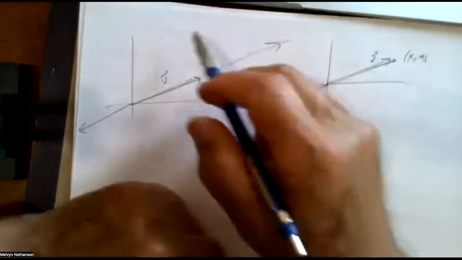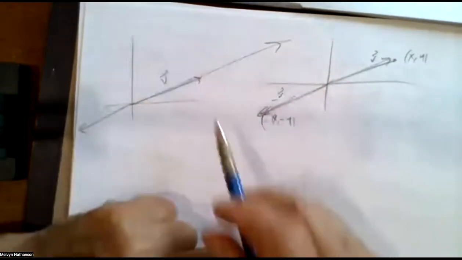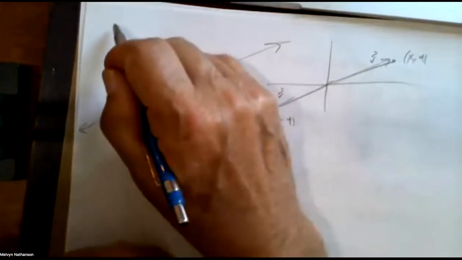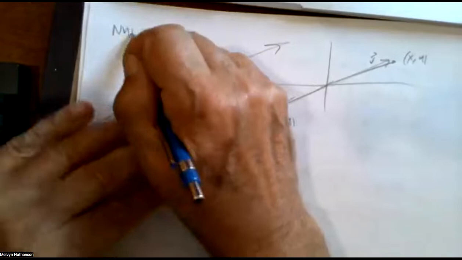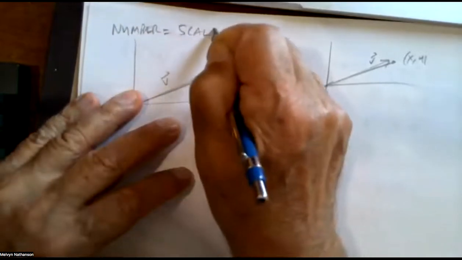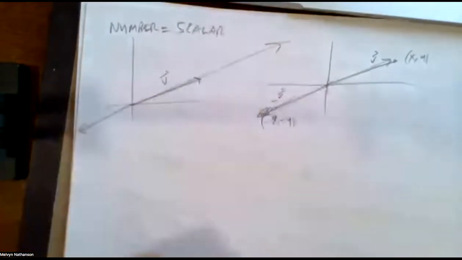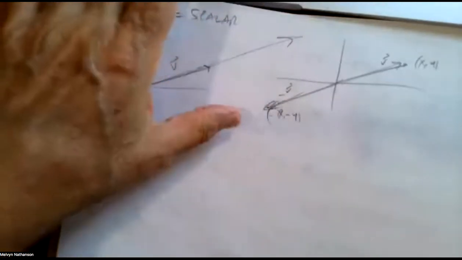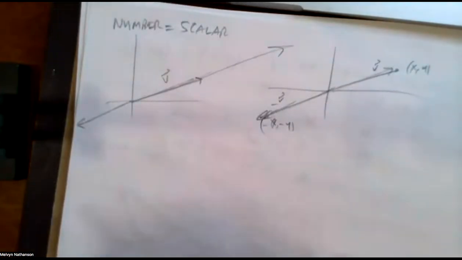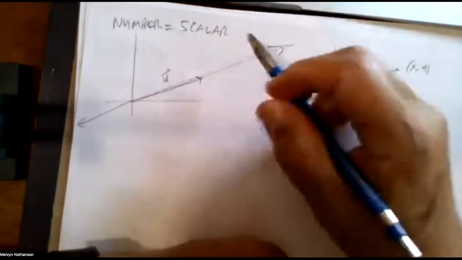In general, if you take a number c, and when you're talking about vectors, another name for a number is a scalar. So scalar just means number in vector calculus. You can multiply a vector by a scalar.